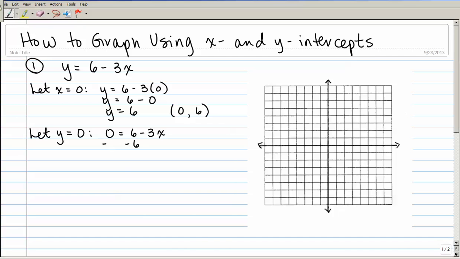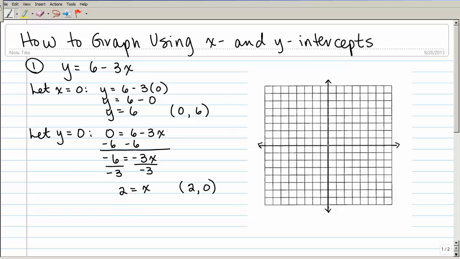Subtract 6 from both sides, negative 6 equals negative 3x, and divide both sides by negative 3, or x is equal to 2. That means that when y is 0, x is 2, and that gives me the x-intercept, which is at the point 2, 0.